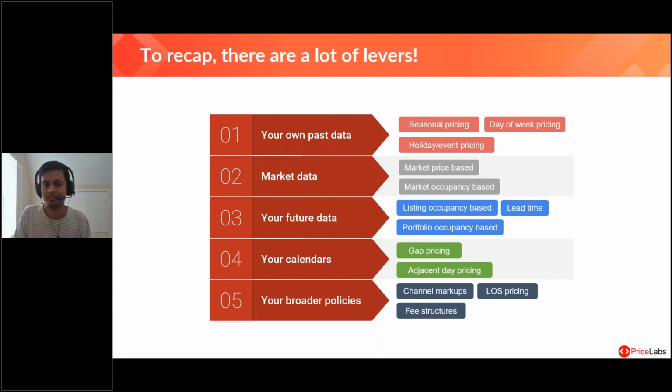But when you review the performance of your own portfolio in the last year or in the coming months, go through each of these levers and ask yourself, could this help me in some ways? Could this have helped me? And if the answer is yes, then go look at your future calendars and your future data and see how you can apply this in what's happening in your portfolio right now.